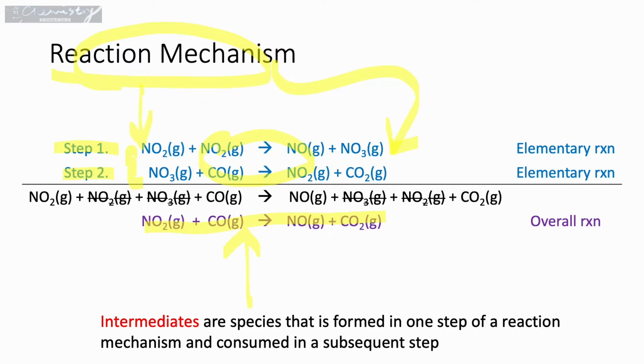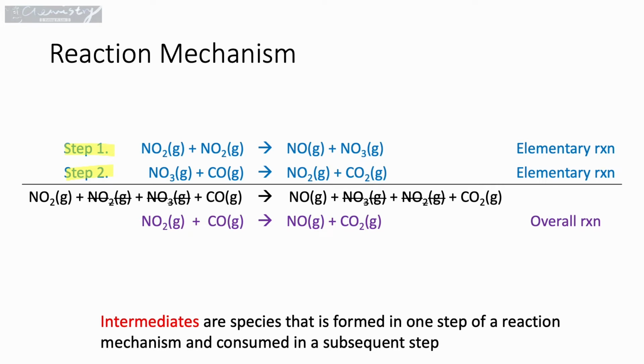So this is what we are trying to look for. Whatever you propose for the reaction mechanism, the elementary steps need to add up. You can see we add up all the reactants and all the products, and then after we clean it up, it needs to equal the overall reaction.